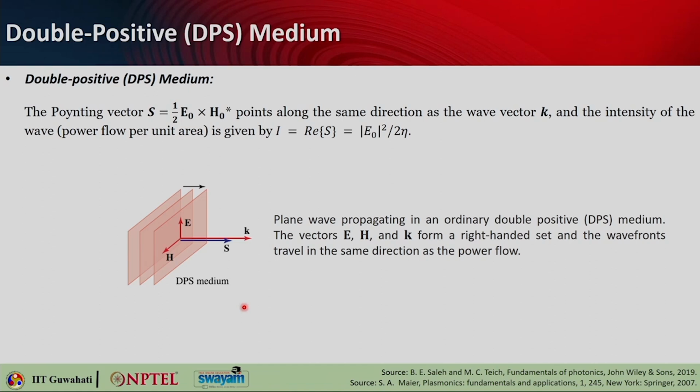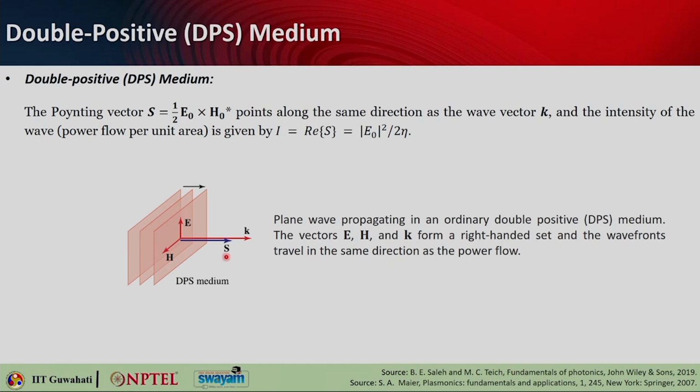It is the power flow per unit area. Power is nothing but energy per unit time. So in power you get the time dependence, and in intensity you are getting the area dependence as well. And this diagram we have already discussed.